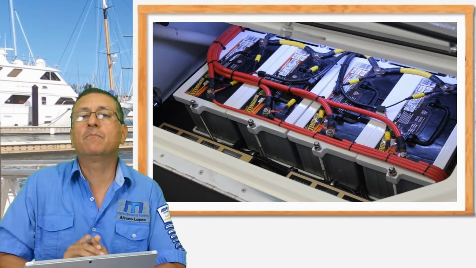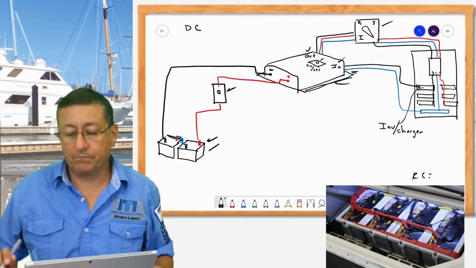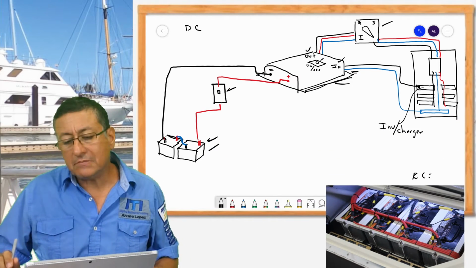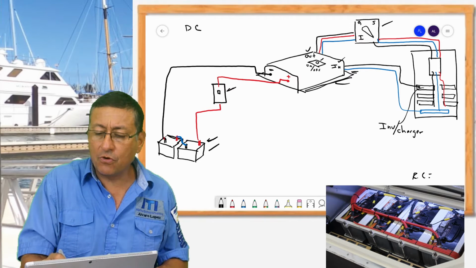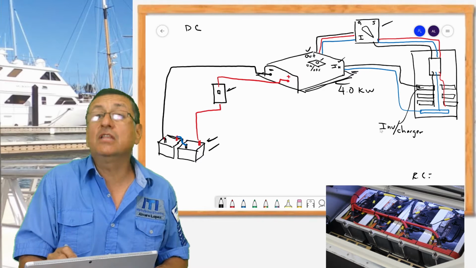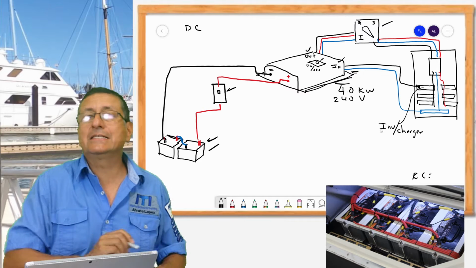This is very, very important because we are going to check one example. Suppose that this battery charger is used to produce 4 kilowatts in the output, 4 kilowatts in two phases, 240 volts AC.